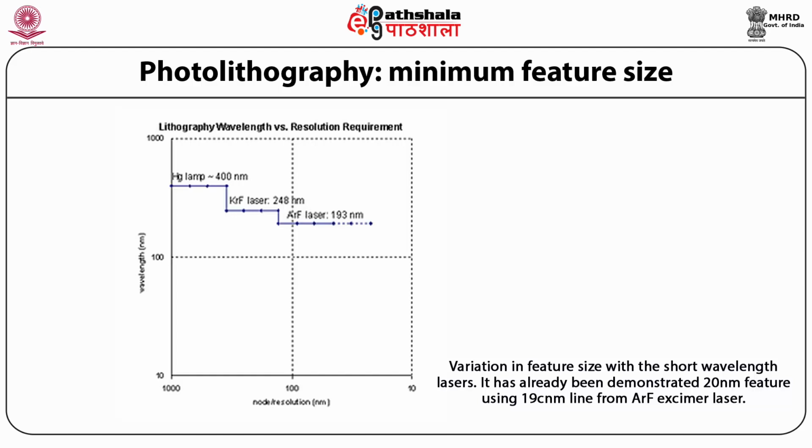Advancement of nanotechnology crucially depends on the minimum feature that can be created on a wafer or a substrate for the fabrication of nano devices, or more generally, accessing the nano world.